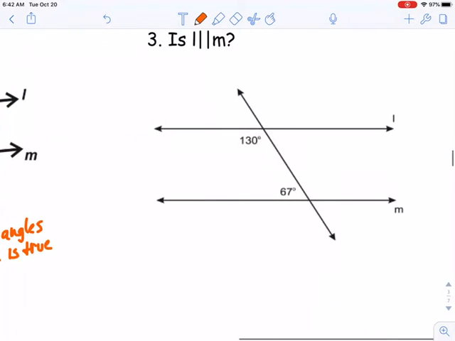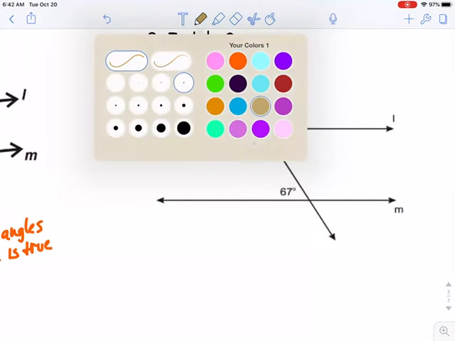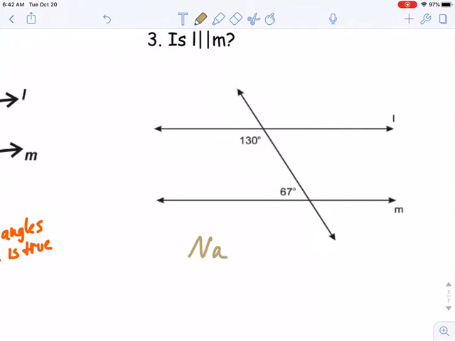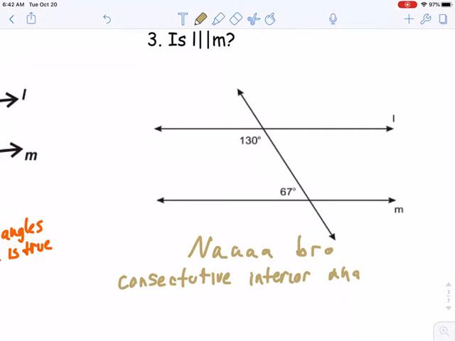All right, is line L parallel to line M? In this case, nah, bro. All right, consecutive interior angles aren't supplementary.